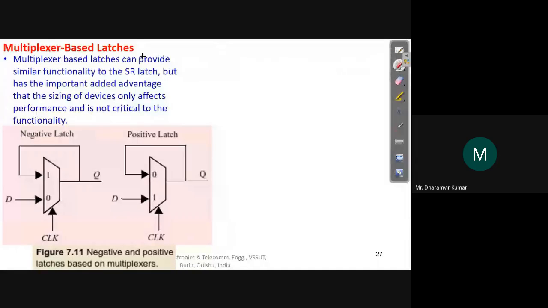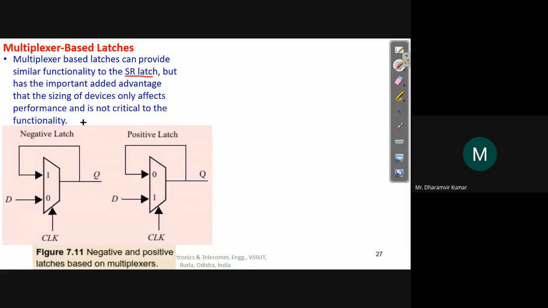Then let us see the multiplexer based latches. These are latches, not flip flops, so they will be level sensitive. Multiplexer based latches can provide similar functionality to the SR latch, but have the important added advantage that the sizing of devices only affects the performance and is not critical to the functionality.